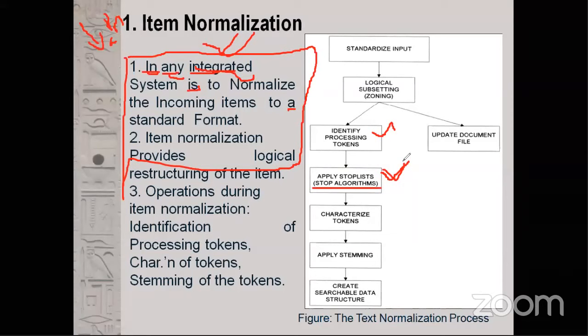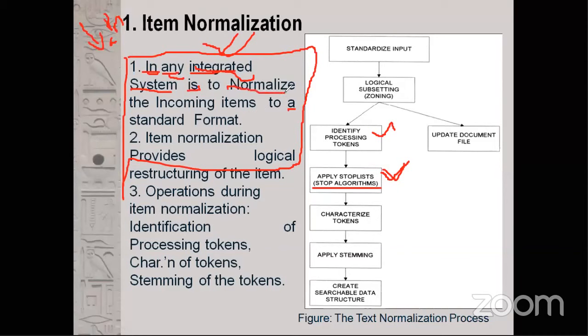Once this happens, one more thing we need to observe is the frequency of that particular word. For example, this is the document I'm considering. Suppose I'm taking "system", how many times does it happen in this document? Totally one time. Next, "normalize".